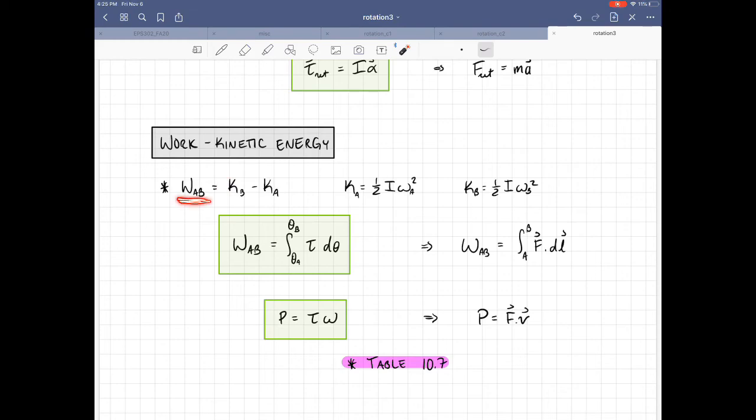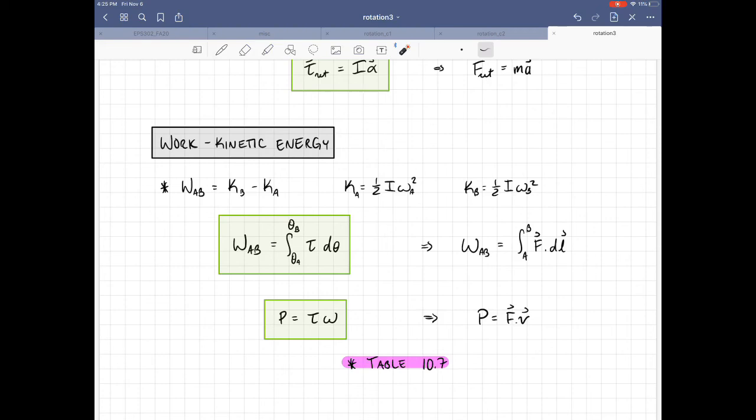So the work done as the object goes from A to B corresponds to the change in the kinetic energy from A to B. And remember that the kinetic energy for an object that's rotating is 1/2 I omega squared at A and at B. So if the object speeds up or spins up or spins down, if the angular speed is changing, that would correspond to a change in the kinetic energy.